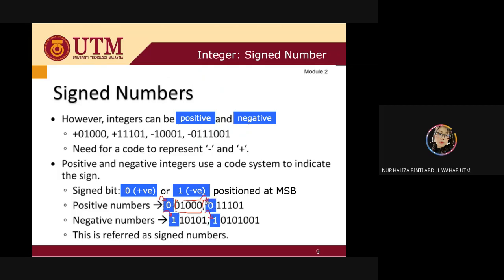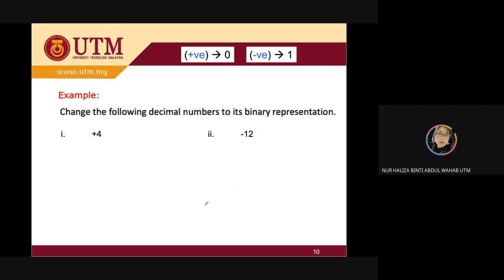Let's take a look at several examples. When we have 4 over here, first change the magnitude. The magnitude will be 100, and the sign is 0.